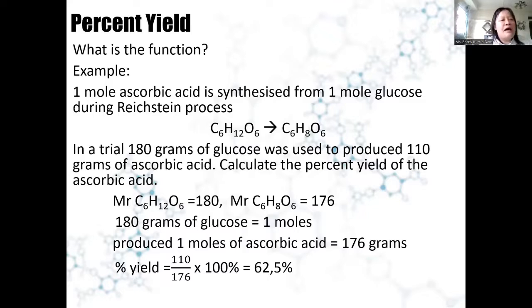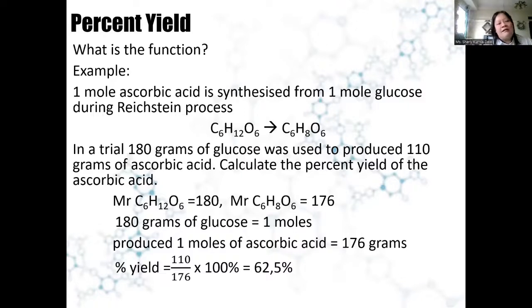Okay, for example, ascorbic acid, that is vitamin C, is synthesized from 1 mole of glucose. So from glucose, it will convert into ascorbic acid. Glucose is C6H12O6, and the ascorbic acid is C6H8O6.